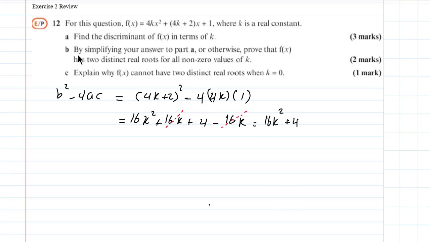B, by simplifying your answer to part A or otherwise, prove that f of x has two distinct real solutions for all non-zero values of k.